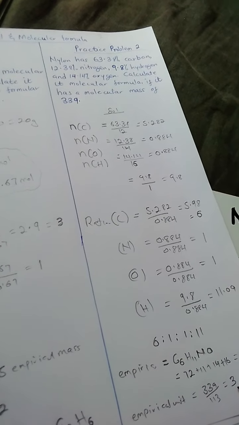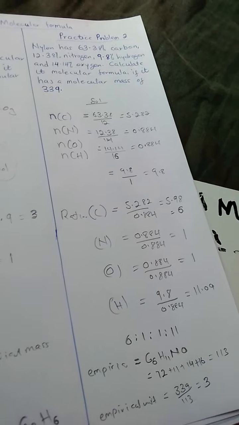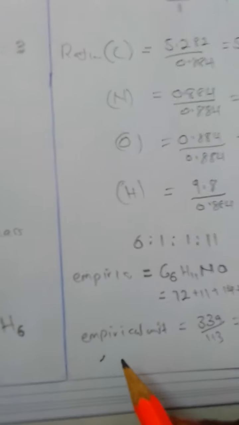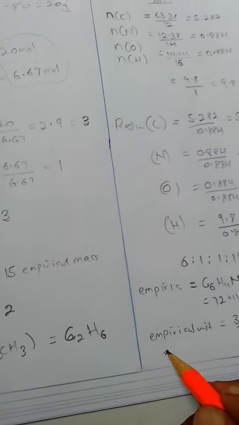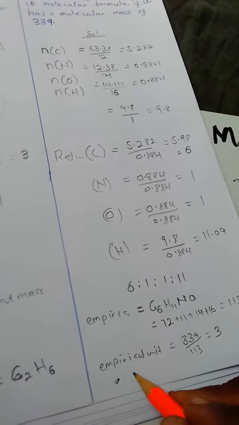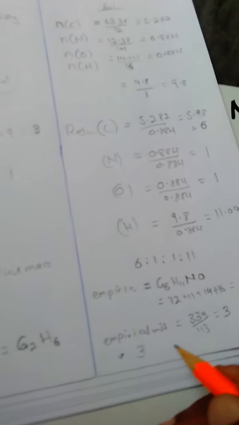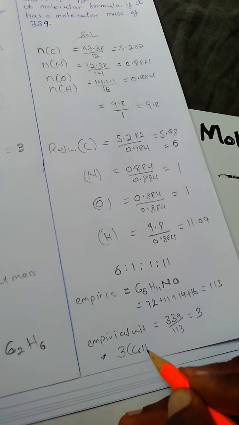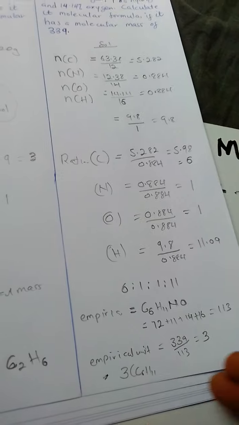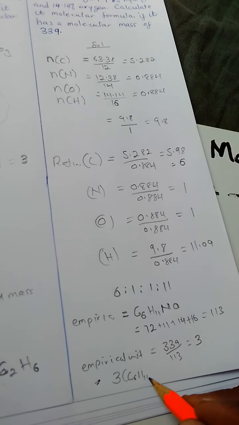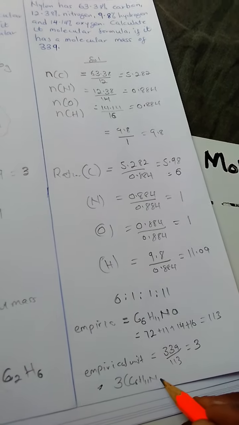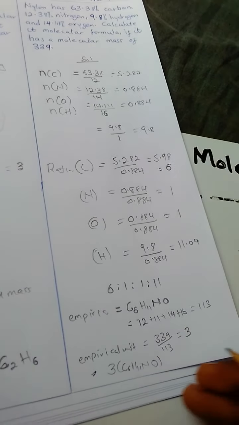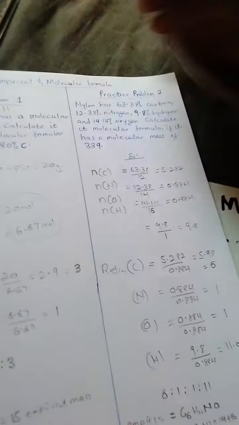Therefore, this 3 multiplies the empirical formula to give you the molecular formula. So the 3, which is the empirical unit, multiplies the empirical formula, which is C6H11, then nitrogen, then oxygen.